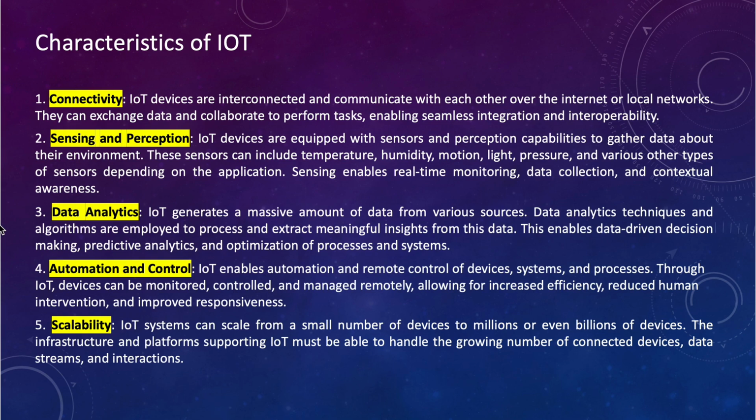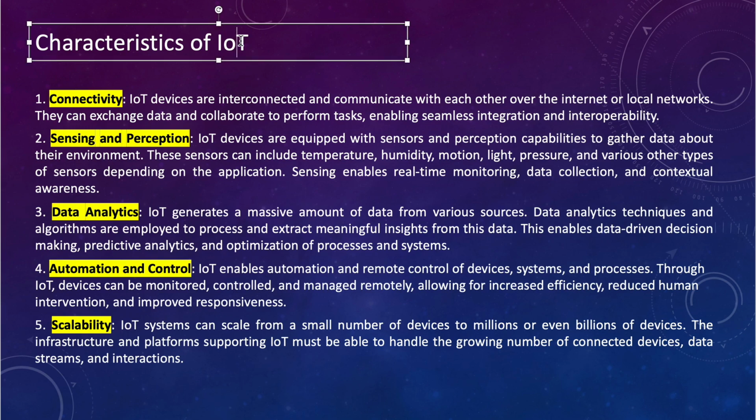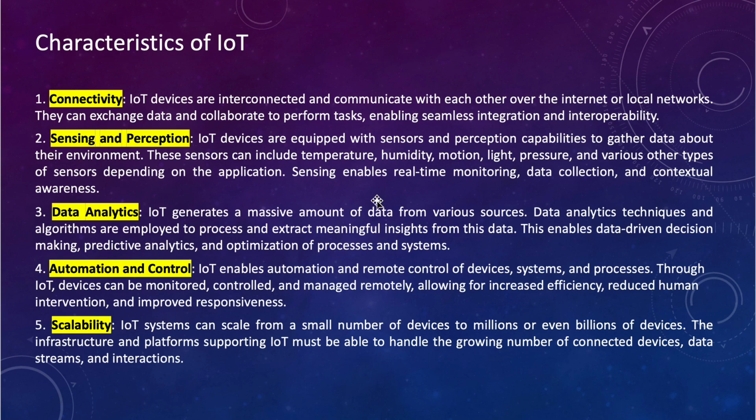Characteristics of IoT. We are on characteristics of IoT in a sense, right? In a sense that these are characteristics that will be there when you apply an IoT system to resolve some problem, right? That is the main part that you should understand.